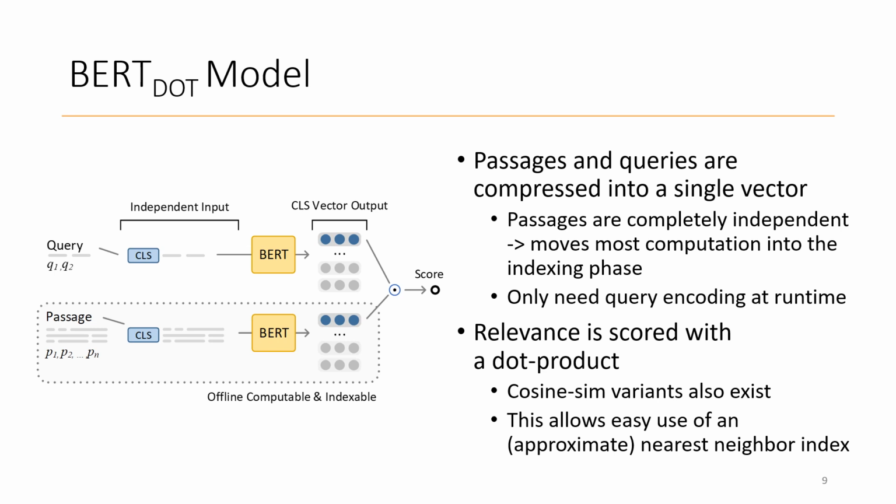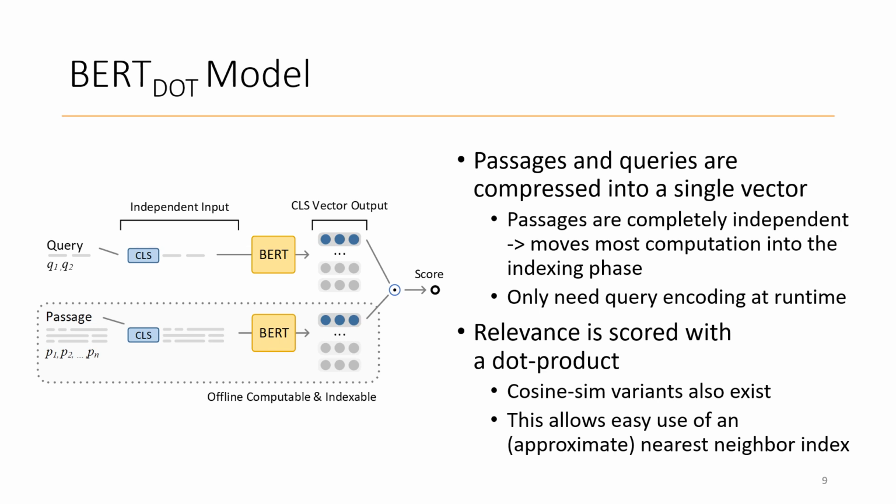Here, passages and queries are compressed into a single vector. They are completely independently encoded, and this means that we completely move the expensive computation of passage encoding into the indexing phase, and at query time we only need to encode a single query once to get the query vector, which is very fast.